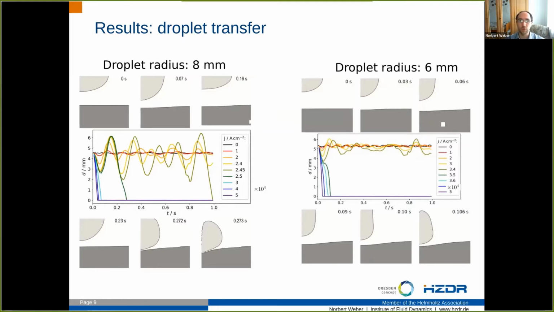So a lot of current goes through the droplet, and this leads to a force from the sides. It's basically pinching the droplet, pressing it together. At the same time, the gravity is pushing it upwards. So what we get is some oscillation. The distance between droplet and the bismuth, which is dark gray on the bottom, you see in the diagram in the middle.